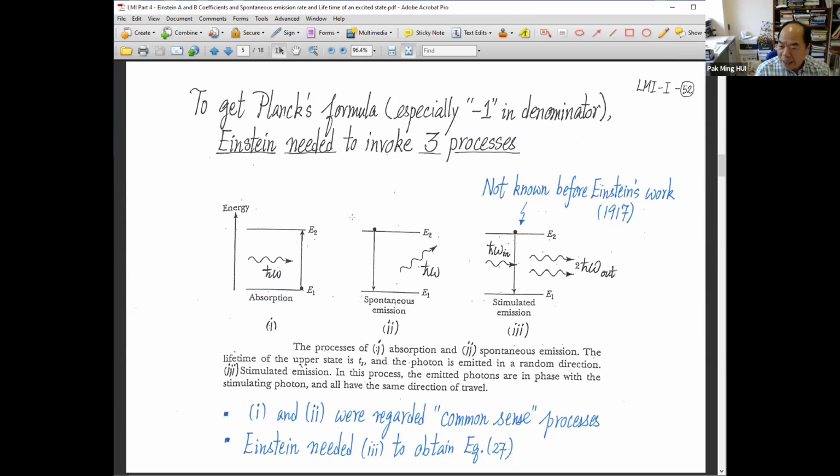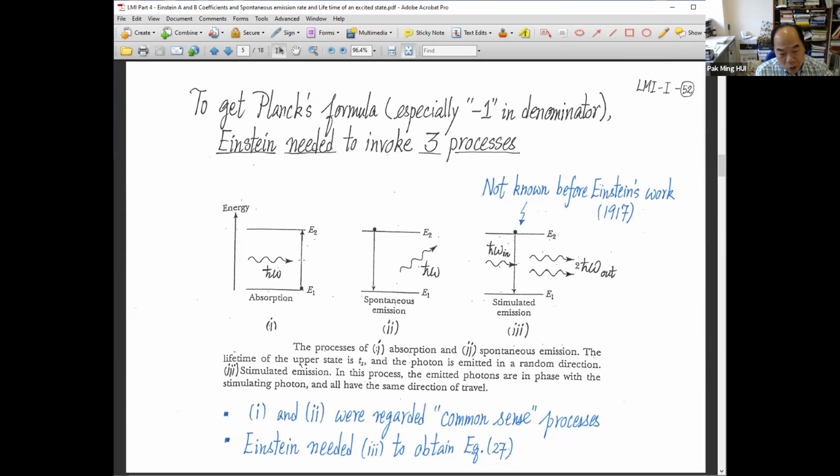And actually for many years, it was known that if you put a system at a higher energy state, you don't do anything on it, it will come down and emit anyway. You don't need to do something. That is spontaneous emission.